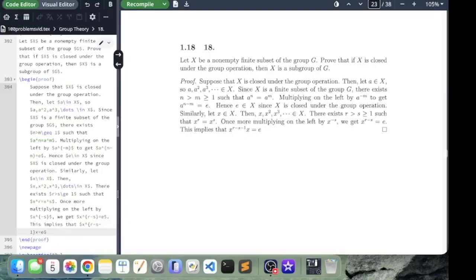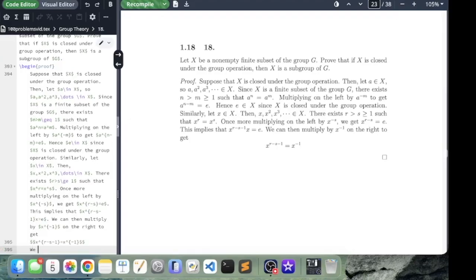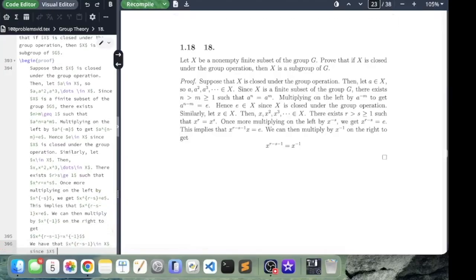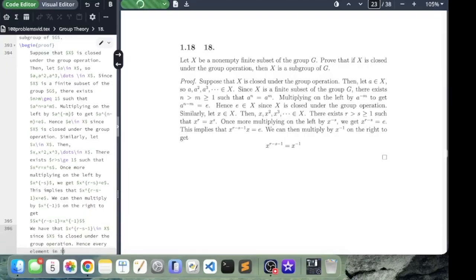We can then multiply by this inverse on the right to get x to the r minus s minus 1 equals x inverse. And we have that x to the r minus s minus 1 is in X, since X is closed under the group operation. Hence, every element in X has an inverse.